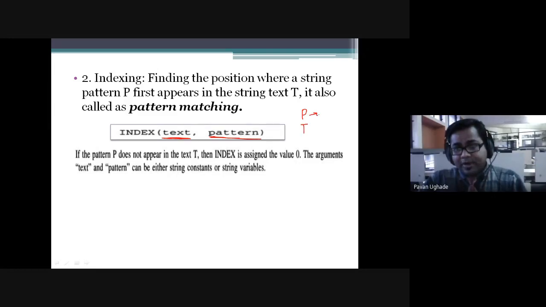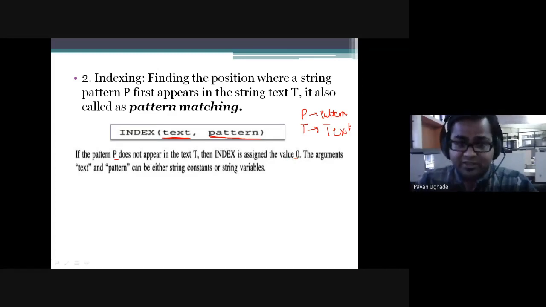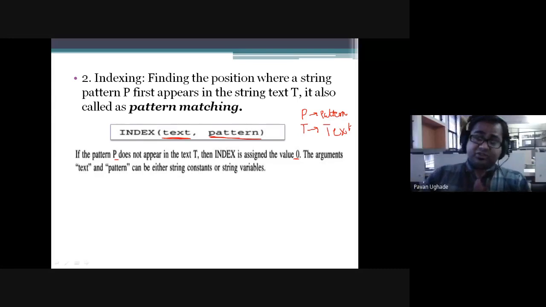P is the pattern, because I will require two arguments for this function, and t is my text. If the pattern p does not appear in the text t, then the index is assigned the value 0. The arguments text and pattern can be either string constants or string variables.